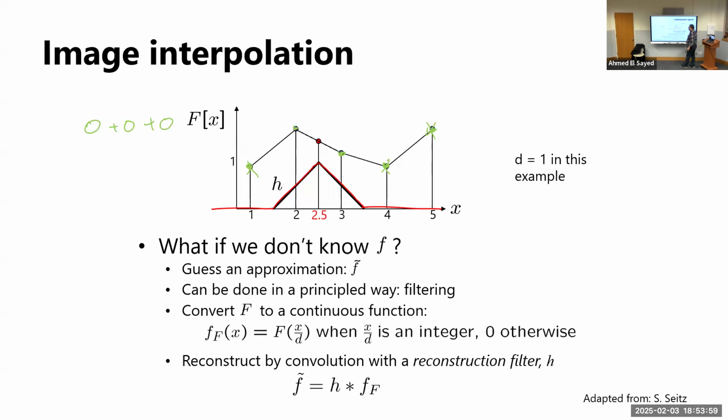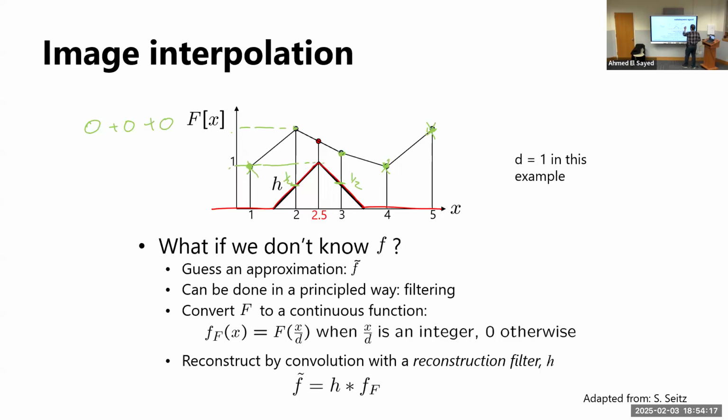Now, the point in the middle. The maximum value here is 1. So the middle value here is what? Half. So I will multiply half times 2, which is 1. Half times 1 is 0.5.